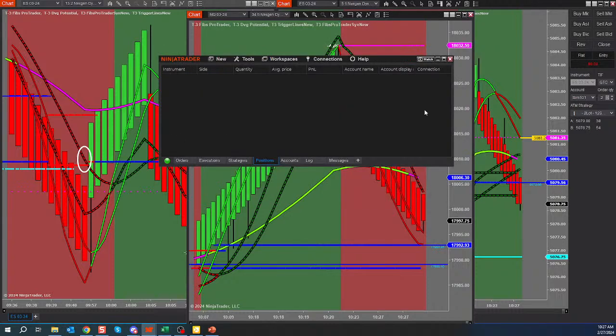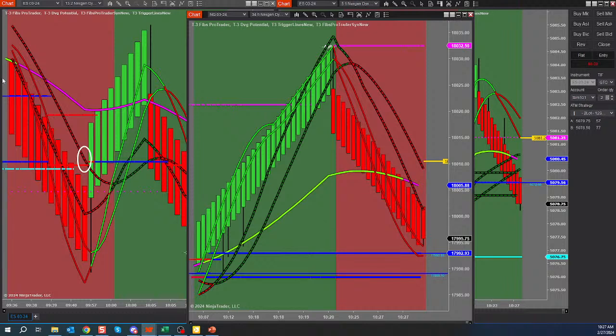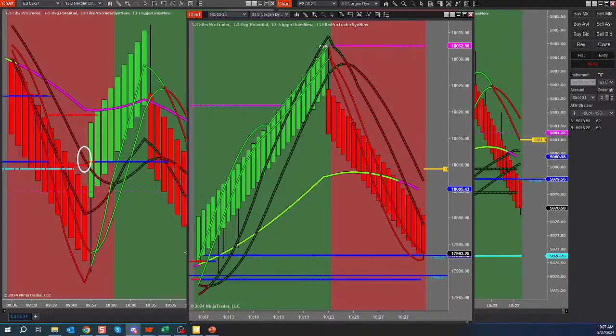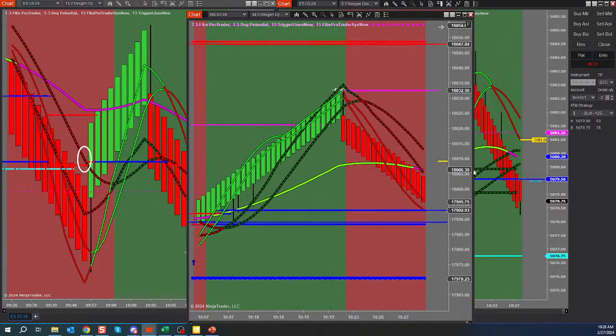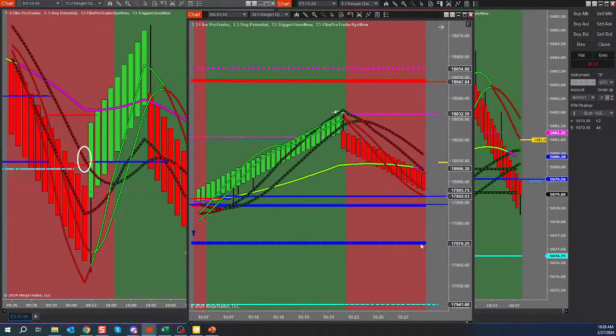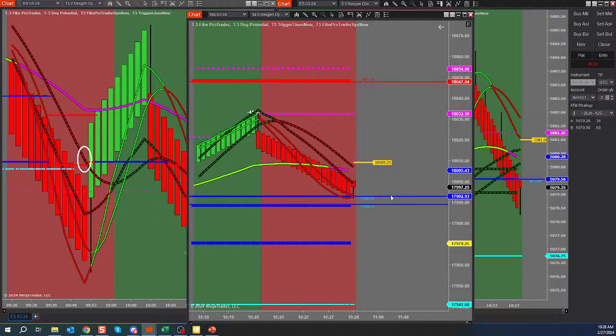Oops. Hold on, let me look at what you got. Looks perfect. Yours looks perfect. And then you can see that I have the fat ones from the higher time frame. I've got the ones that extend all the way from the native time frame.